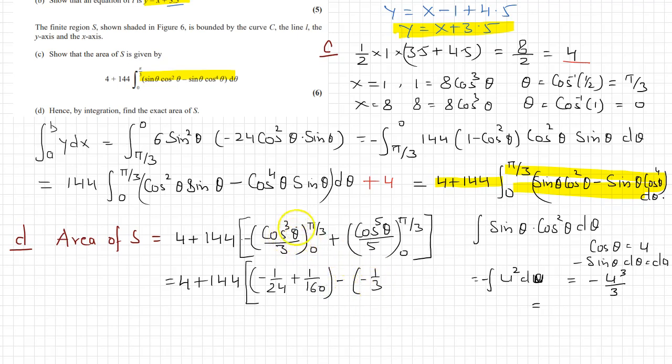If we put cos 0 is 1, and this is also 1, so plus 1 over 5. This is cos pi over 3 cube over 3, so that is 1 over 8 multiply 3. So now if you simplify it, it will be 181 over 10. So that is the area of the shaded figure.